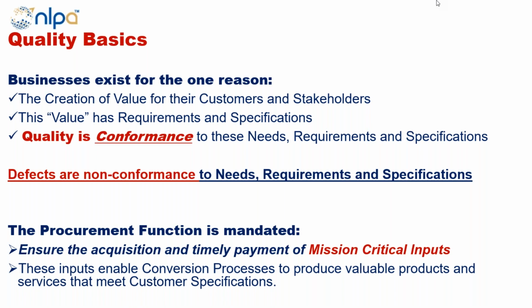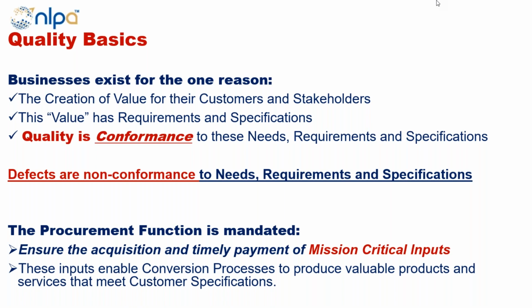So with that said, value has very particular requirements and specifications, which we'll be going into very deeply a little later on. And quality, what is quality? Why is quality so important?